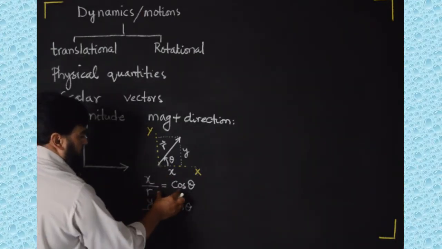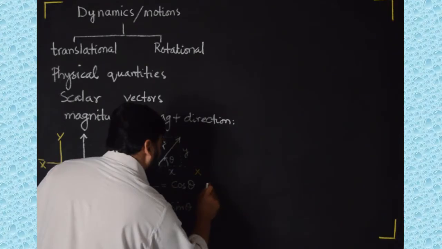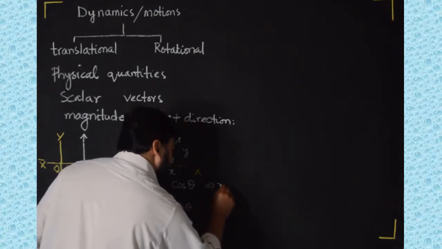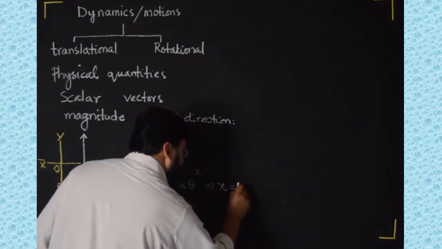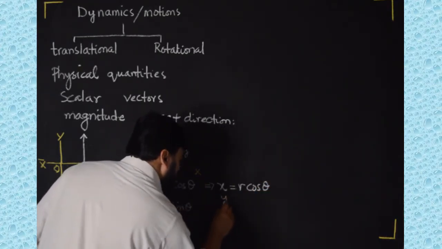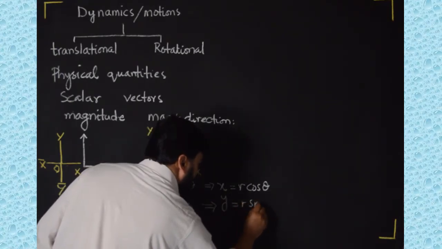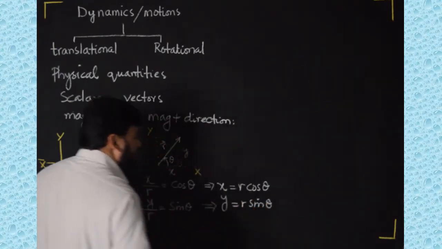The important ones are actually these two. So we will write x equals r cos theta, and y will be equal to r sine of theta.